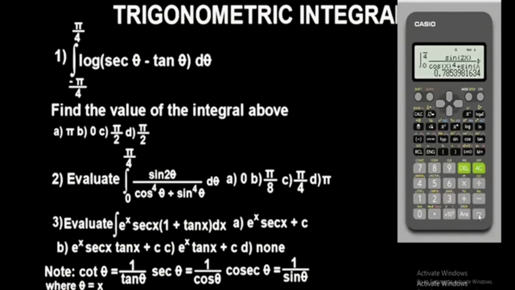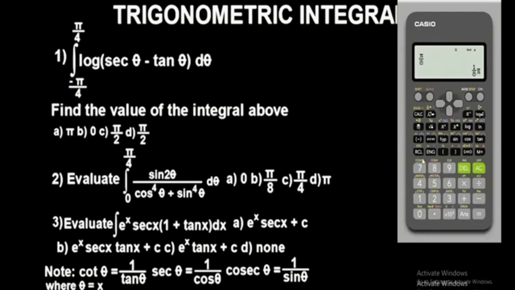So we have 0.78. Right now, the options are in pi. So let's break down these pi values and see the one that will give us 0.78, and that would basically be the answer to this question. Let's begin with option B, in fraction, alpha and this button, over 8, press equal to.